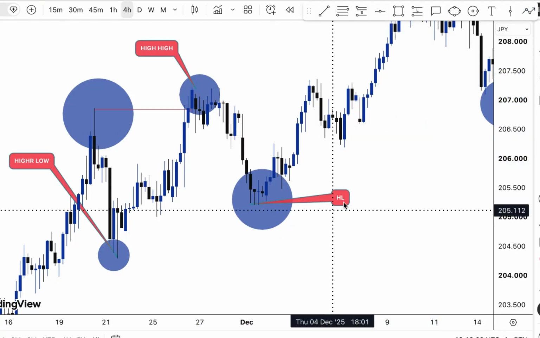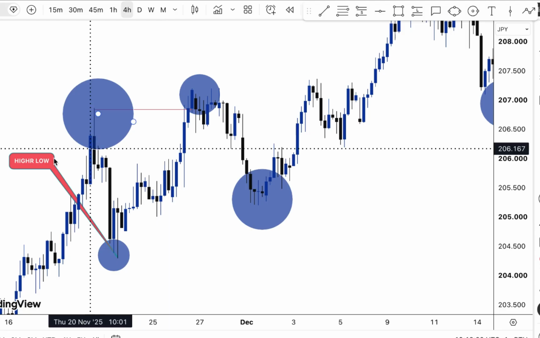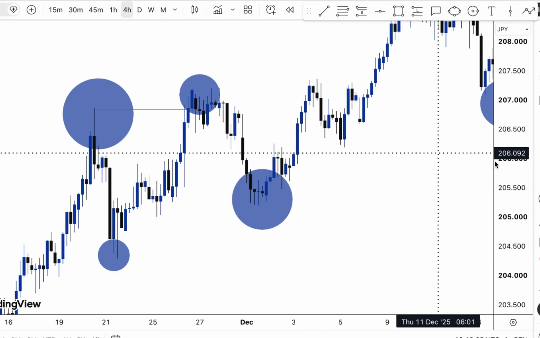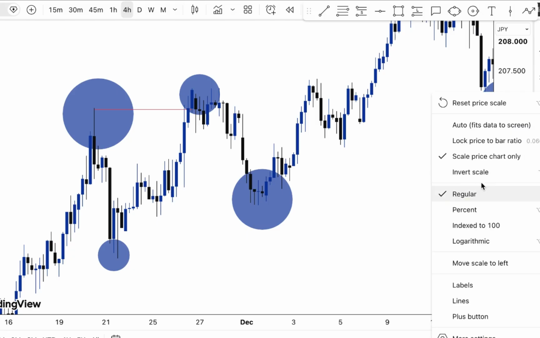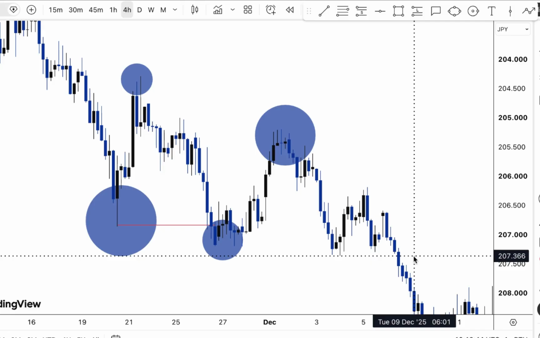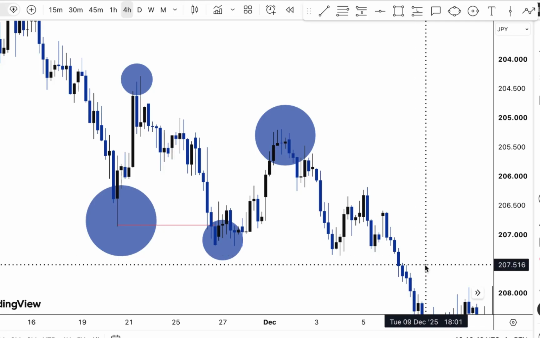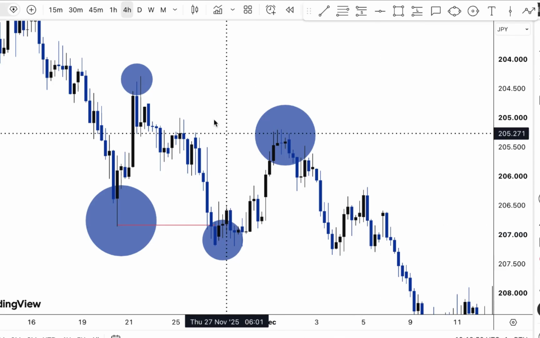Once it's a downtrend, we are not going to call these higher highs and higher lows anymore. What is it going to be called? Let's use the same example and I'll invert the scale here. The first one was an example of an uptrend. Now we have a downtrend.